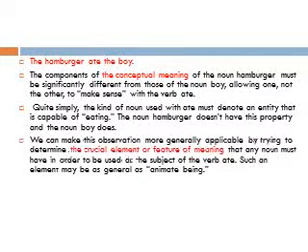So we can make this observation more generally applicable by trying to determine the crucial elements or features of meaning. And mind you, this crucial element or feature of meaning is actually what we call a semantic feature. So we try to determine the crucial feature of meaning that any noun must have in order to be used as the subject of the verb ate, or collocate with the verb ate.